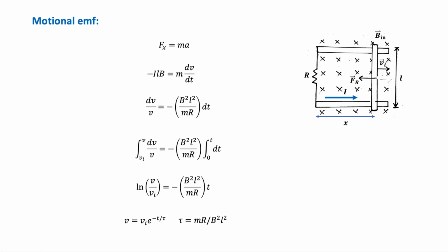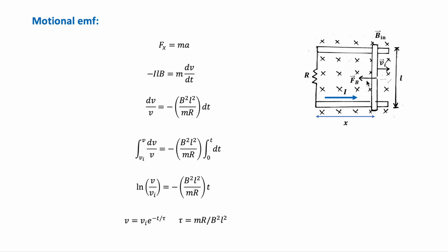So let's suppose as an example that the bar is given an initial velocity of v initial and then is released without any applied force. So it's given an initial velocity and is left to slide, okay?